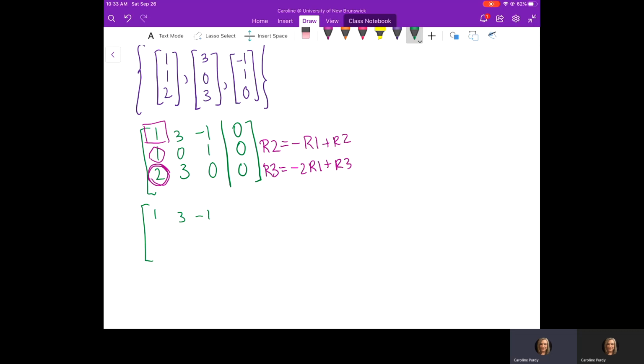I'm leaving that first row alone. And then my second one: 0, -3, 2, 0. And then this one, -2 row 1, so -2, -6, 2, 0, and add row 3.